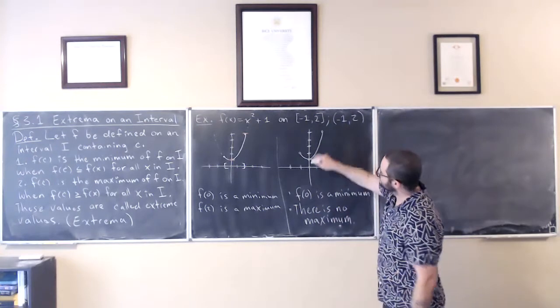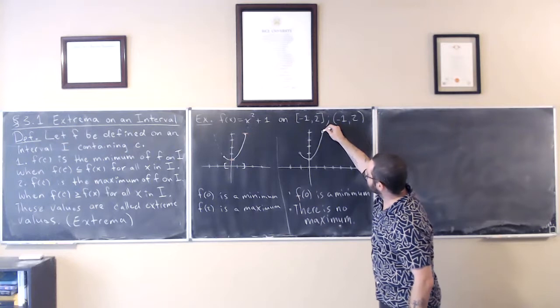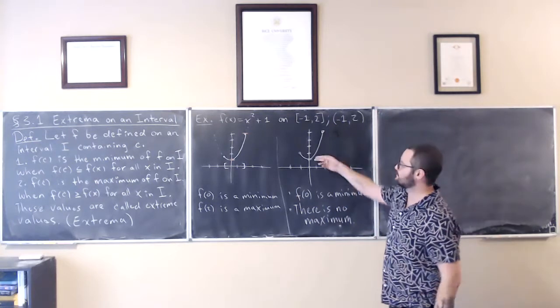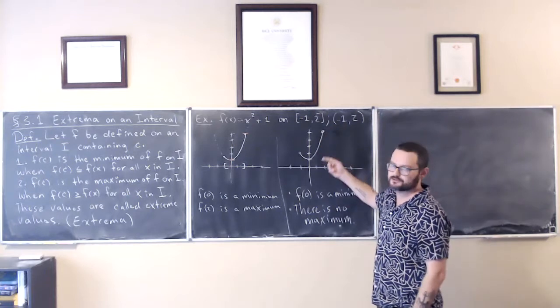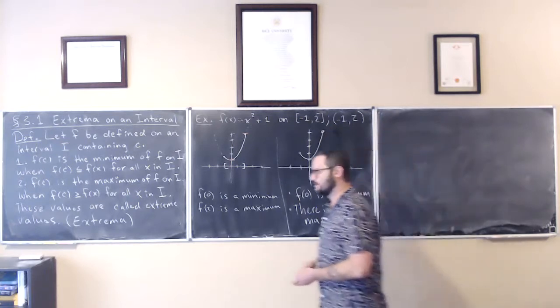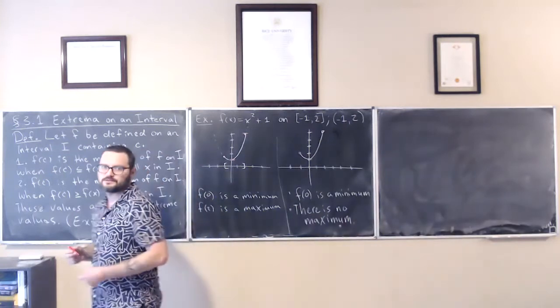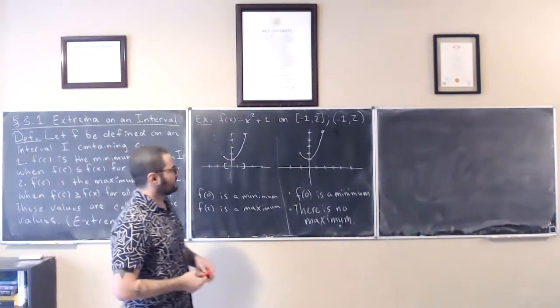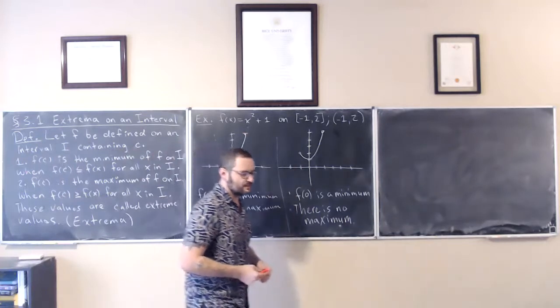Notice that because the function is not evaluated at the endpoints, there can be no maximum. There is no maximum value for this function on that open interval. So maximum and minimum values do not necessarily need to exist on an interval. Right? And this is the case where the maximum does not exist.